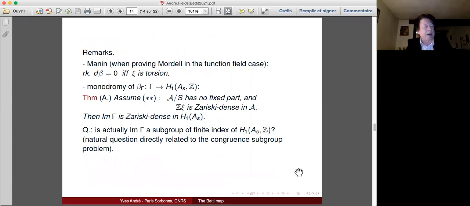So some remarks are in order here. The first case was considered by Manin, in fact, when proving the Mordell conjecture in the function field case, in this very special case when the rank of the Betti map is 0, which corresponds exactly to the case when the section is torsion.